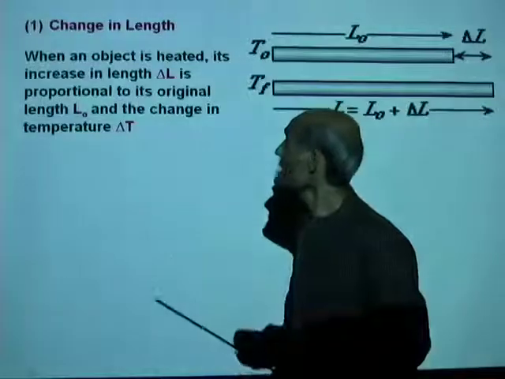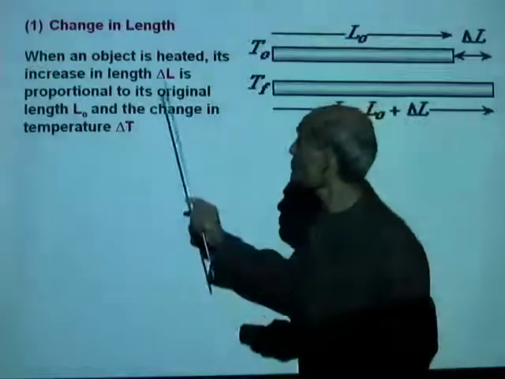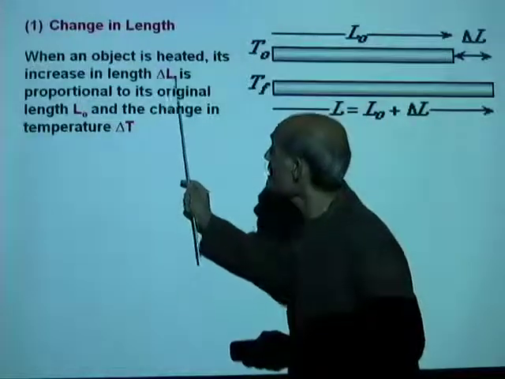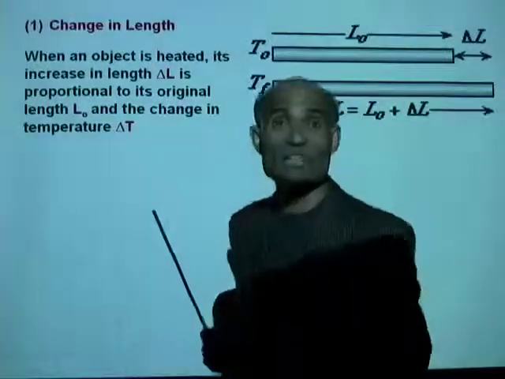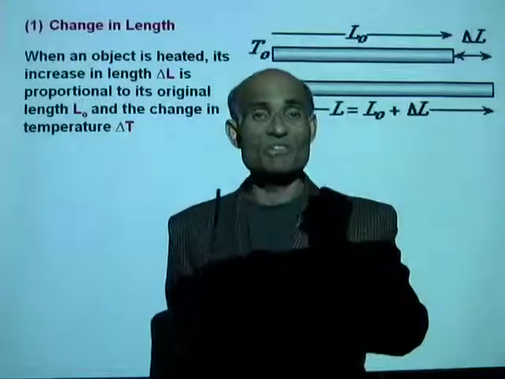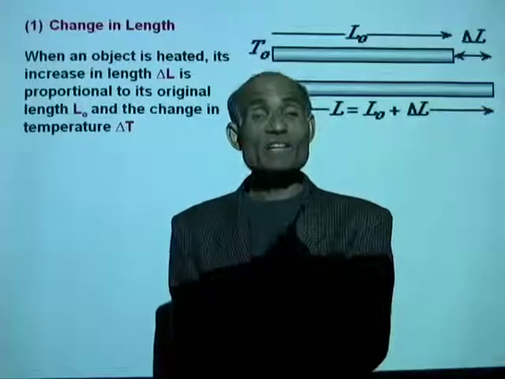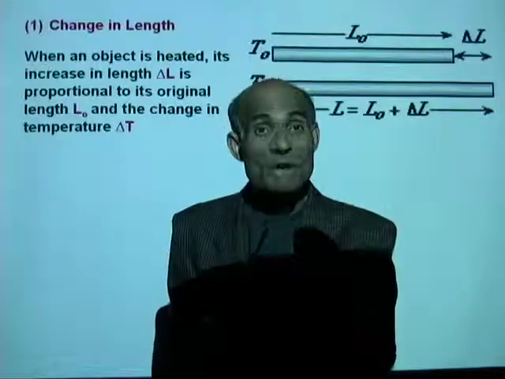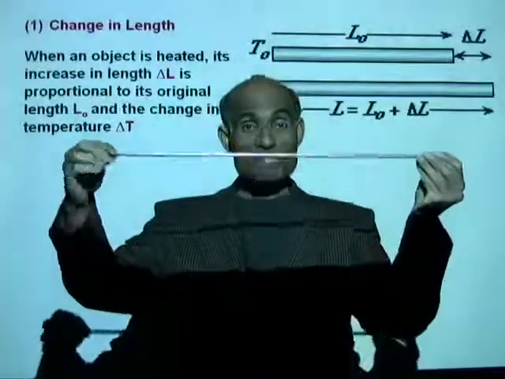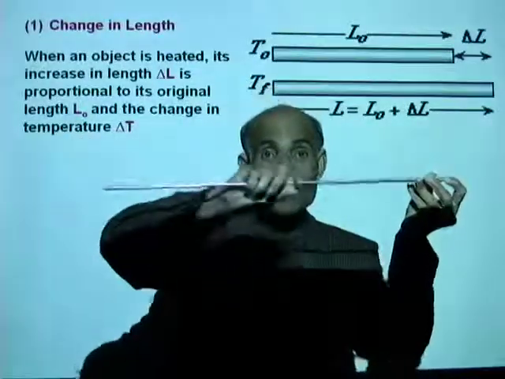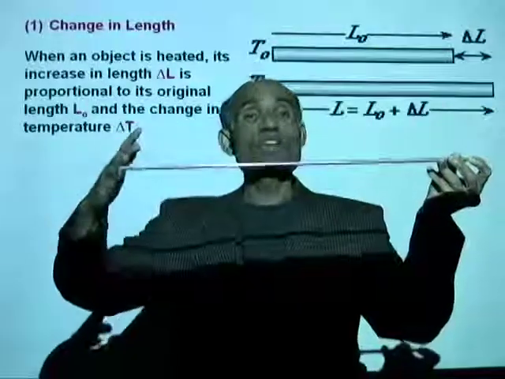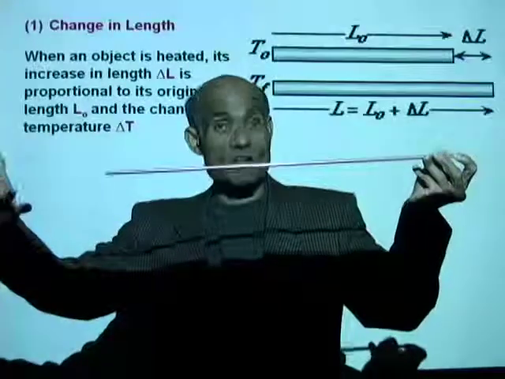When an object is heated, its length increases. What are the factors on which the increase in length delta L of an object depends? If I start with a longer rod, the increase in length will be greater. Is that right?